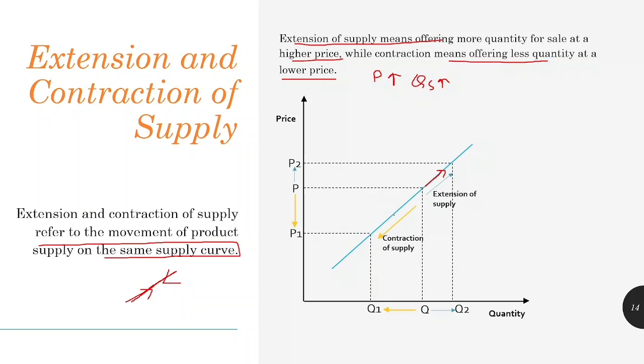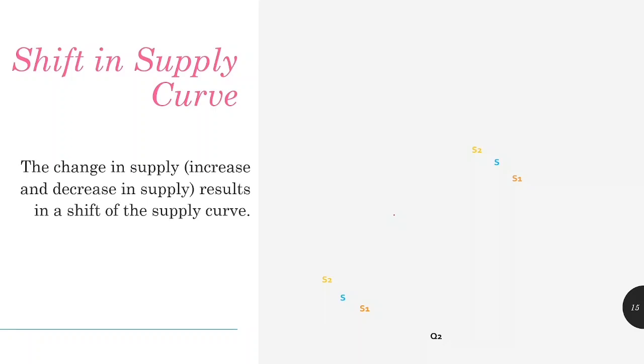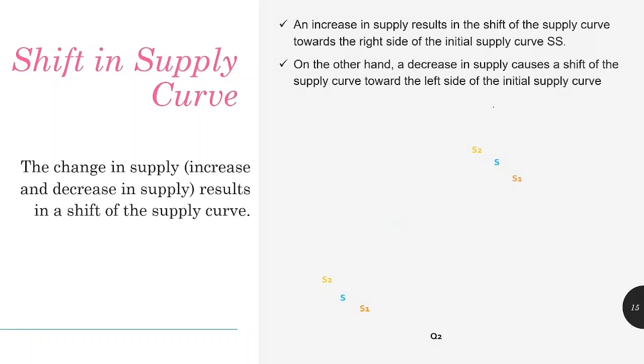Now the second one is shift in supply curve. So shift, as we know, is shifting of the curve to rightwards or leftwards. So change in supply curve means increase and decrease in supply. An increase in supply results in shift of supply curve towards the right of the initial supply curve. When there is a decrease, it's the left side.